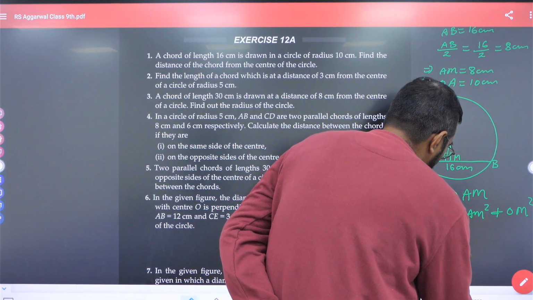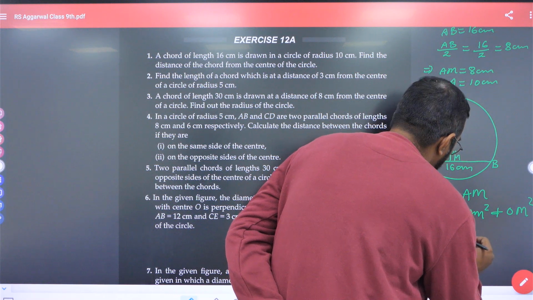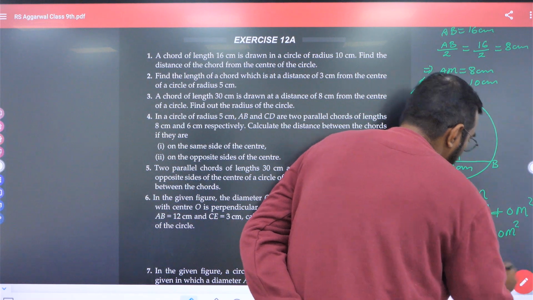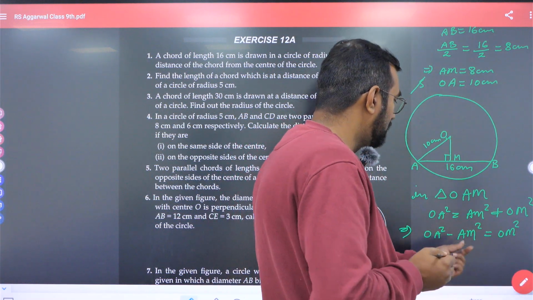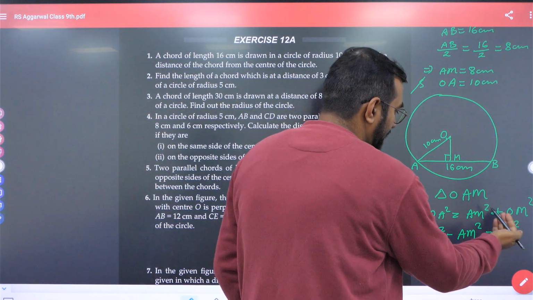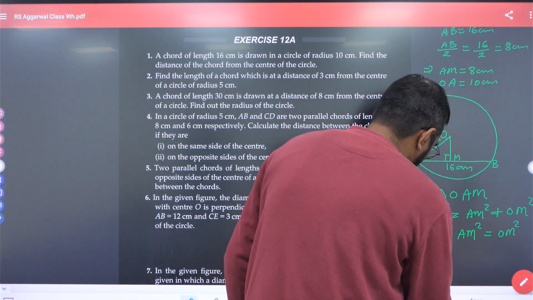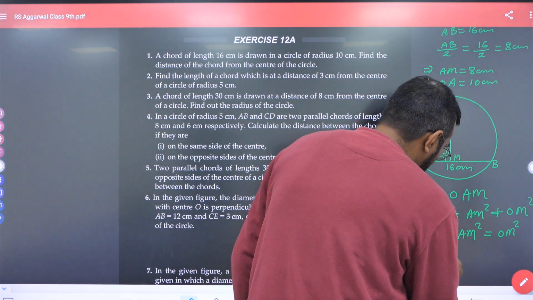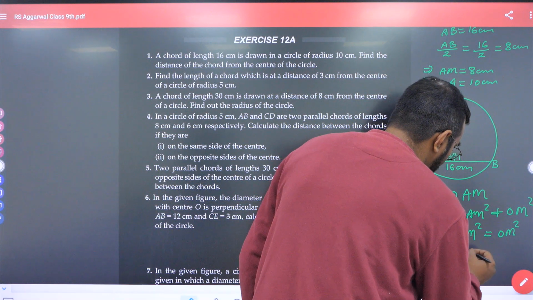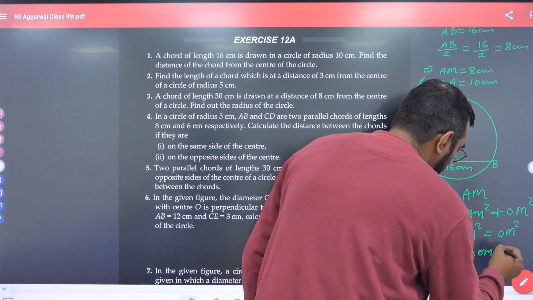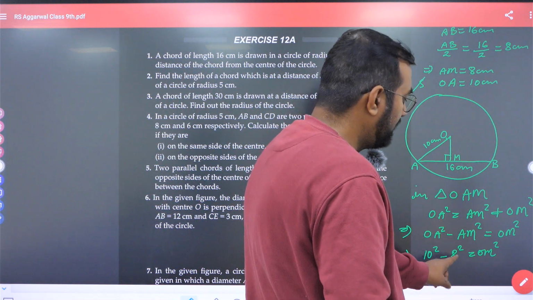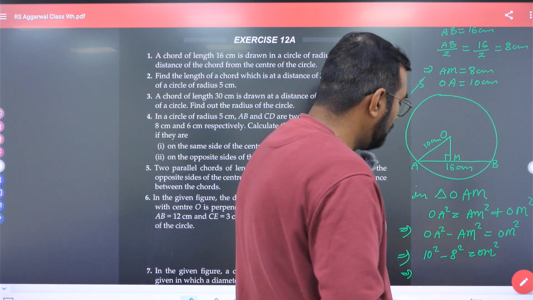Now you can write OA square minus AM square is equal to OM square. Why have we done this? Because we have to find OM. That's why we are keeping OM on one side and transposing everything else to the other side. OA is 10, 10 square, AM is 8, minus 8 square is equal to OM square. So 10 square is 100, minus 8 square is 64, so 100 minus 64 is 36.